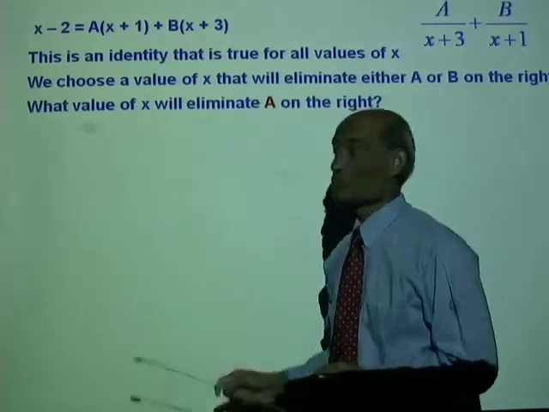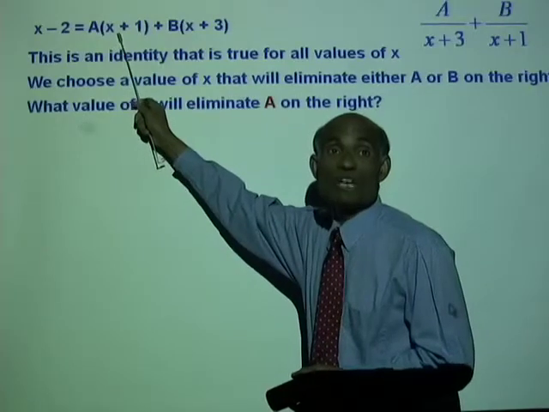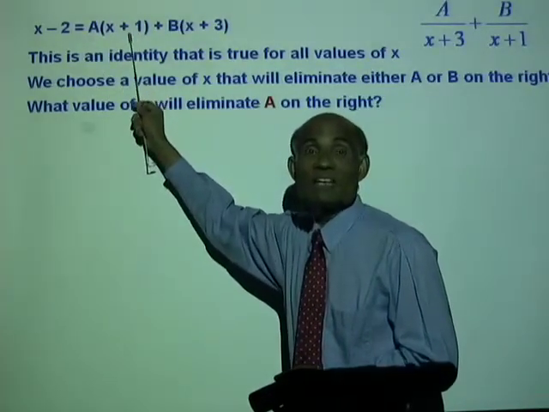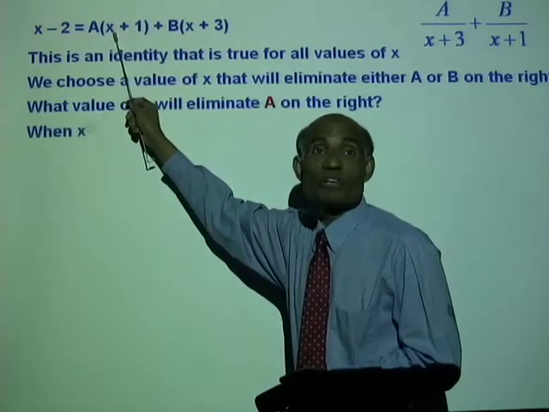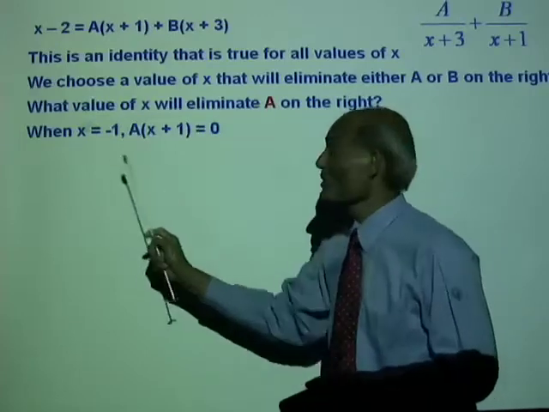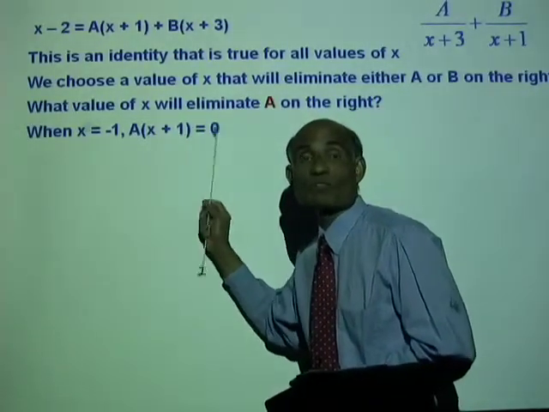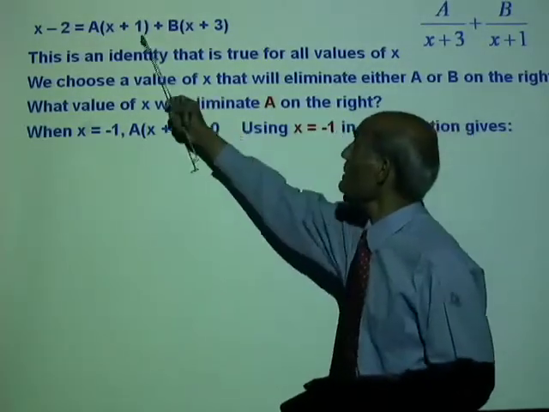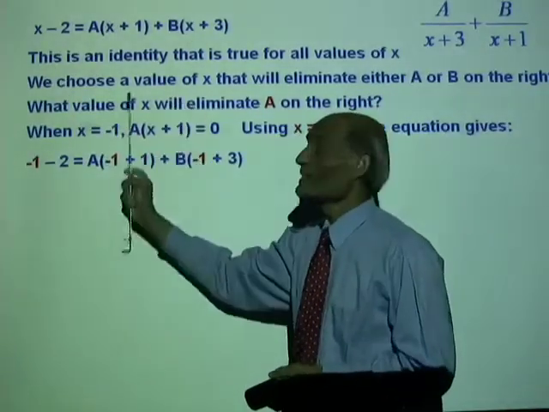That's right. So, what value of x will eliminate a? We just found out that this term containing a can be eliminated by choosing x equal to -1. So, when x equal to -1, a times x plus 1 reduces to 0. So, let's use x equal to -1 in this identity.